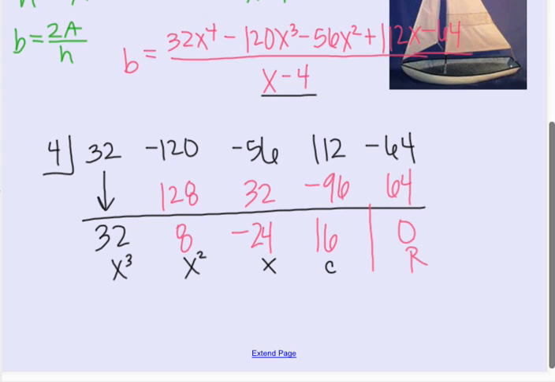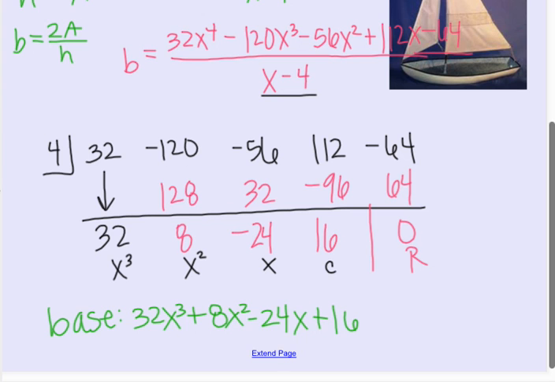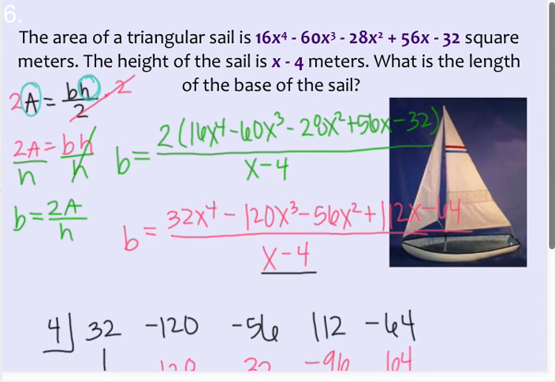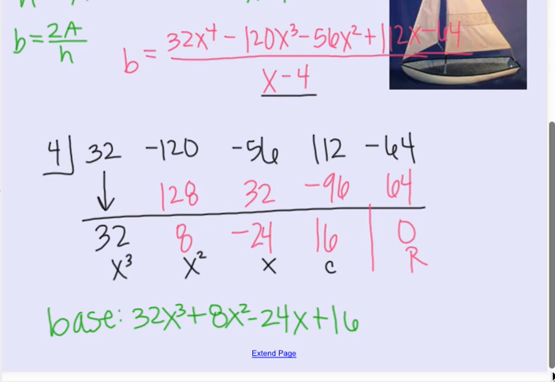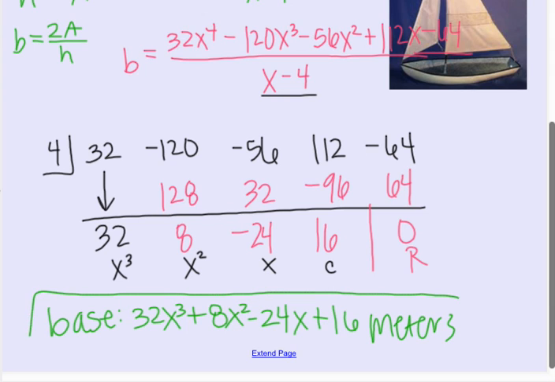So I would write out my solution that the base is 32x cubed plus 8x squared minus 24x plus 16, and this was labeled in meters. So there is the length of the base of the sail.